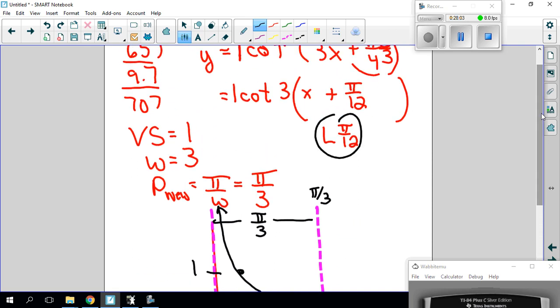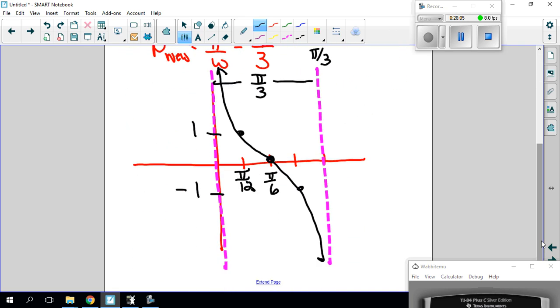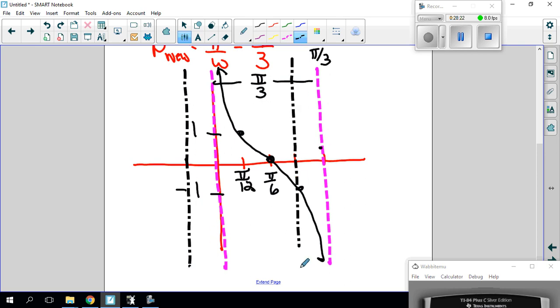Left, pi over 12. We're about to destroy our paper. We're going to move the asymptotes 1 tick to the left. We're going to move the 3 points 1 tick to our left. So, move the asymptote 1 tick to your left. Move this asymptote 1 tick to the left. Move this point 1 tick left. Move this point 1 tick left. Move this point 1 tick left. And let's finish it off in green.